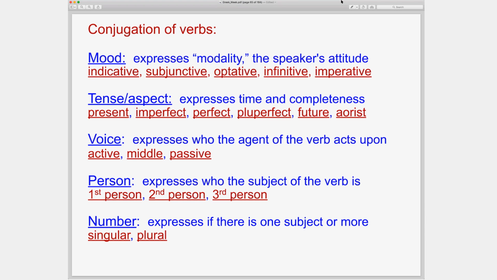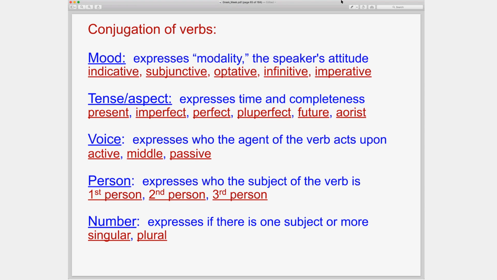Voice expresses who the agent of the verb acts upon. Active, middle, or passive. In English, we only have active and passive, and I'm going to show you that in Greek there's another voice called the middle voice. Then person, we already discussed that. That's easy. First person, second person, third person.